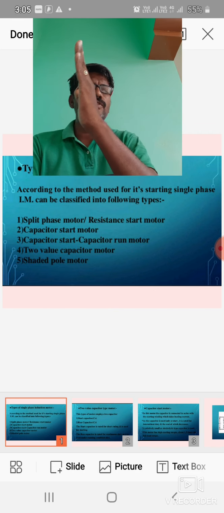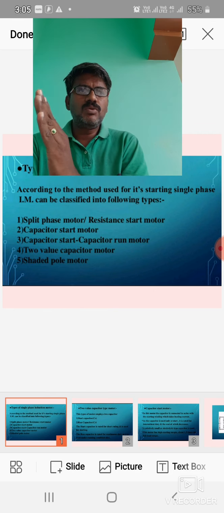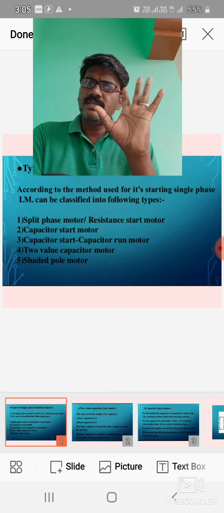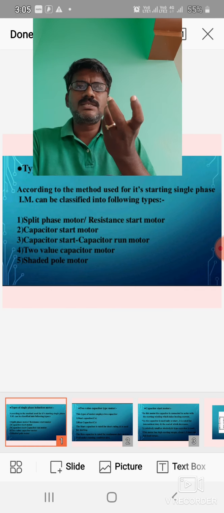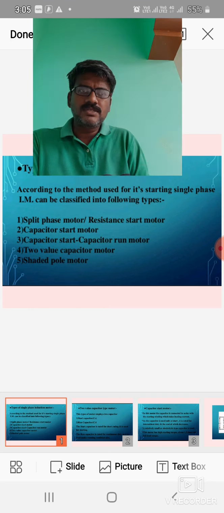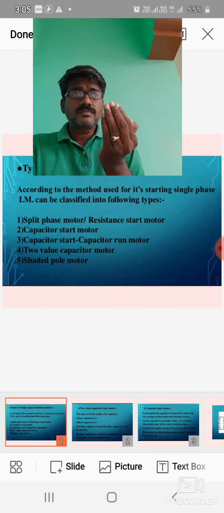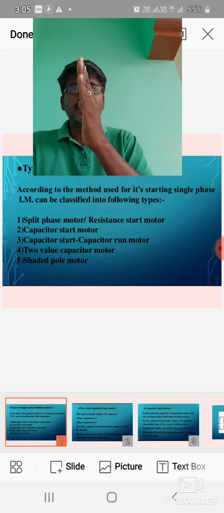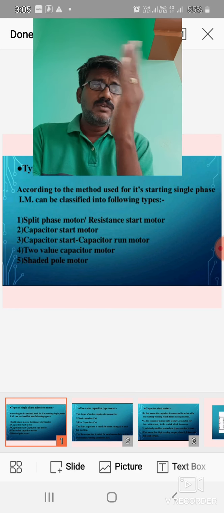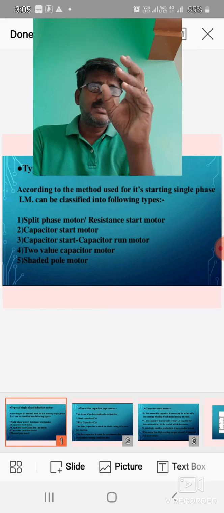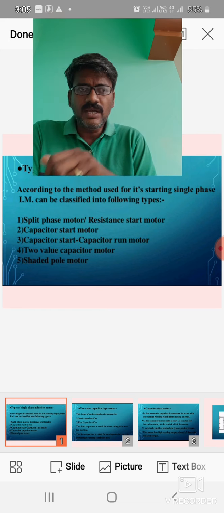That means simply moving the flux from the unshaded portion to the shaded portion. The basic idea is that you have to move the flux; we want a rotating flux. The flux rotates from the unshaded portion to the shaded portion, and once the flux rotates, automatically the rotor rotates.